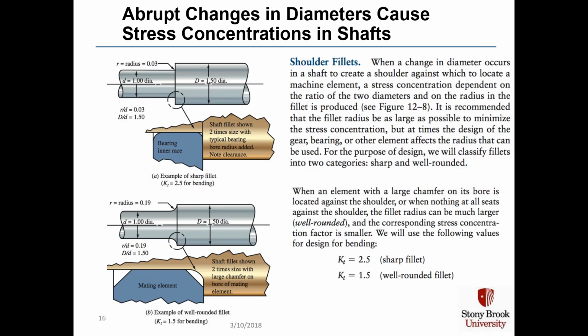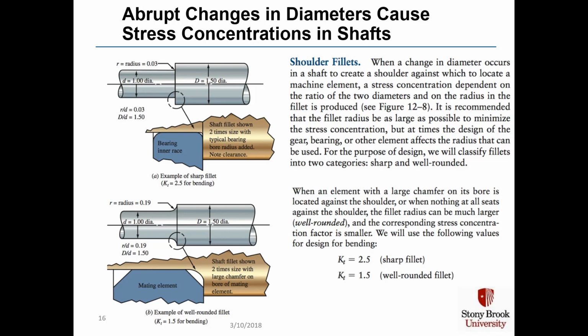So if you have a sharp corner, which is shown in the upper left corner, or a sharp fillet, where the radius is typically 0.03 or less, that is actually the key dimension. What you really have is a fairly sharp corner, or a sharp fillet as it's called, and you're going to get a stress concentrator K sub T equal to 2.5.